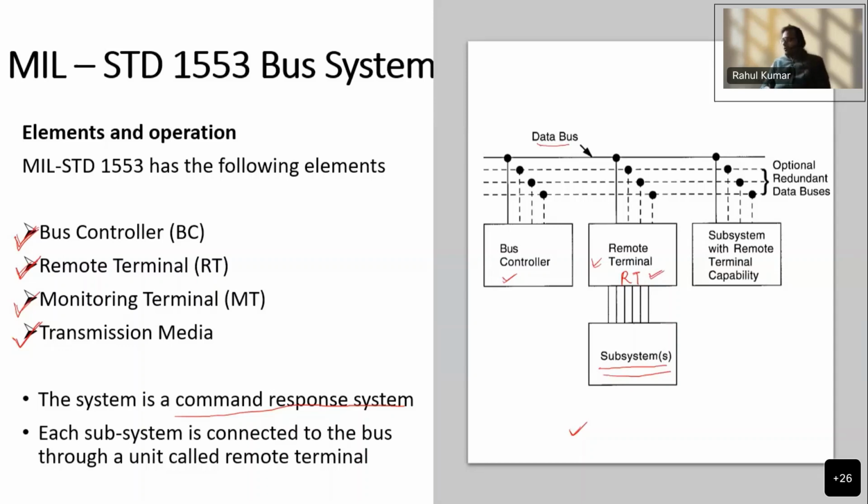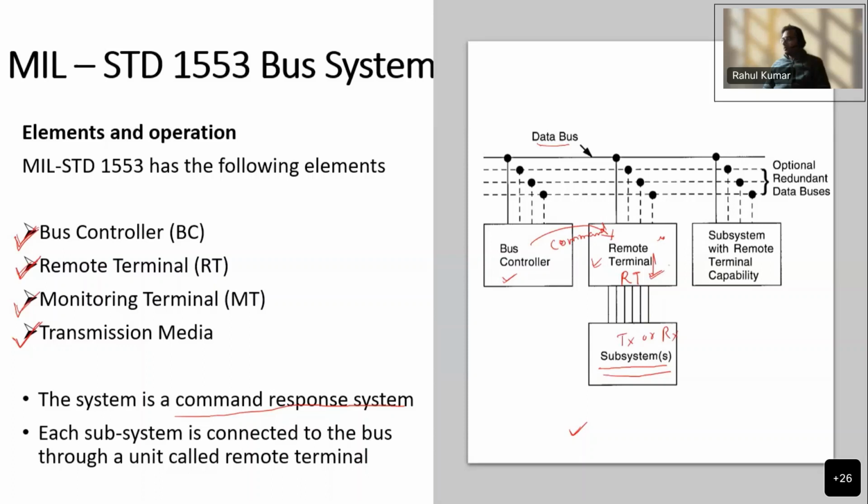Now data can only be transmitted from one remote terminal to another remote terminal after the command from the bus controller. Okay. So for transmission or reception, the bus controller will give a command to your remote terminal. Only after that can your subsystem transmit or receive the data. Okay.